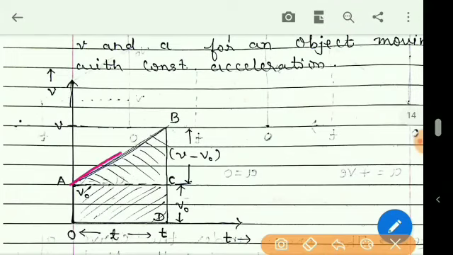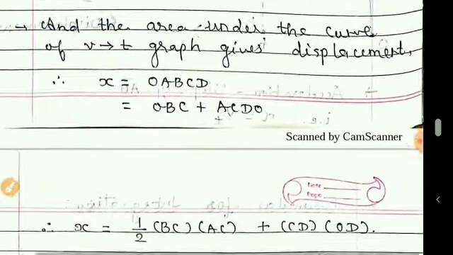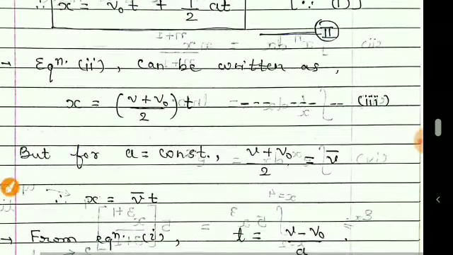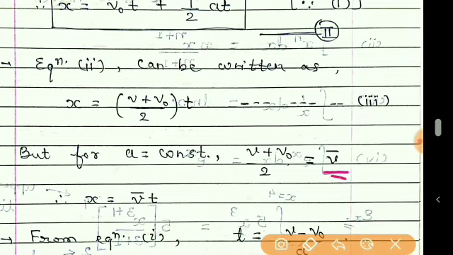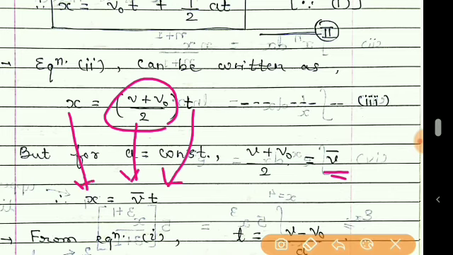If it is a straight line, then final velocity plus initial velocity by 2 will give you the average velocity, and the symbol is v bar. So here we have used v bar into t, and here x as it is.